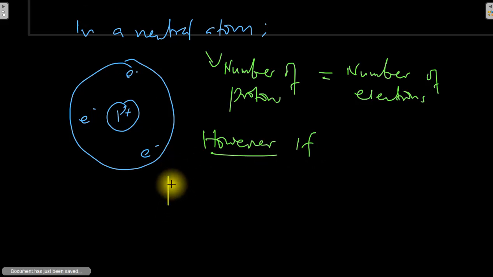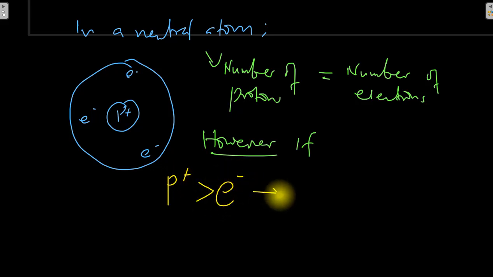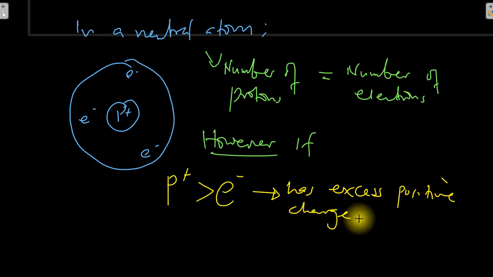If the number of protons is greater than the number of electrons, then the atom has excess positive charge, and in that case we say it is positively charged, or we say it is a positive ion.